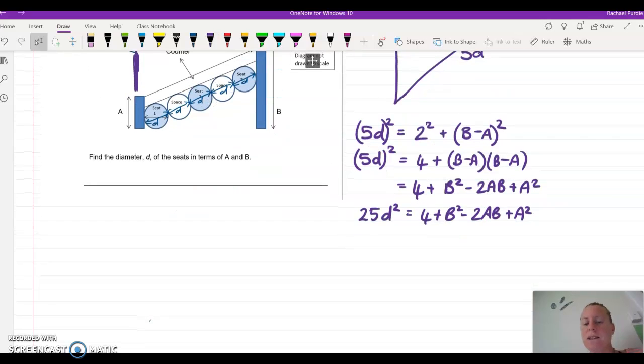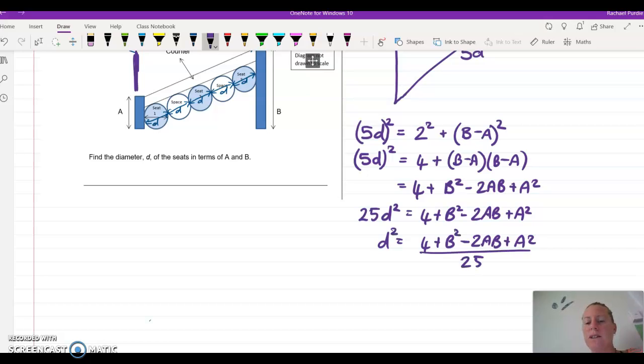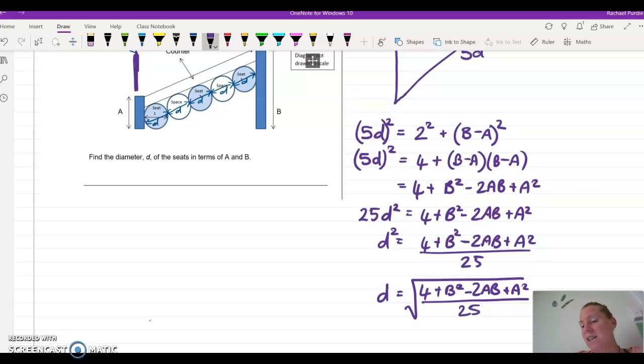So d squared equals all of this divided by 25. I'm sure there's actually a much neater way to write this. Oh, that's a squared there, over 25. Oh, that's a squared. And then our final answer will be the square root of all of that. I'm thinking, for neatness sake, it would be better to just leave the b minus a squared in brackets. It would look a lot neater.